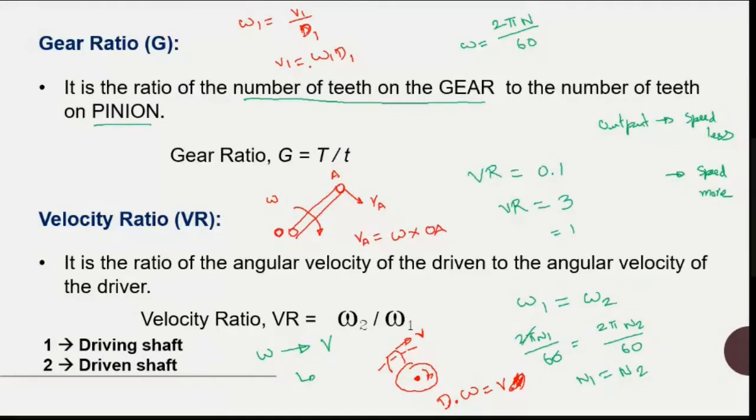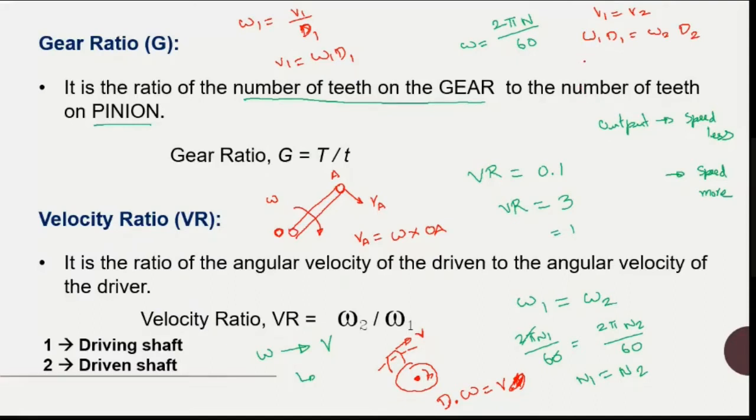Right. So here V is omega into D. If the velocity is the same, when V1 is equal to V2, I can write omega 1 D1 is equal to omega 2 D2. Right?